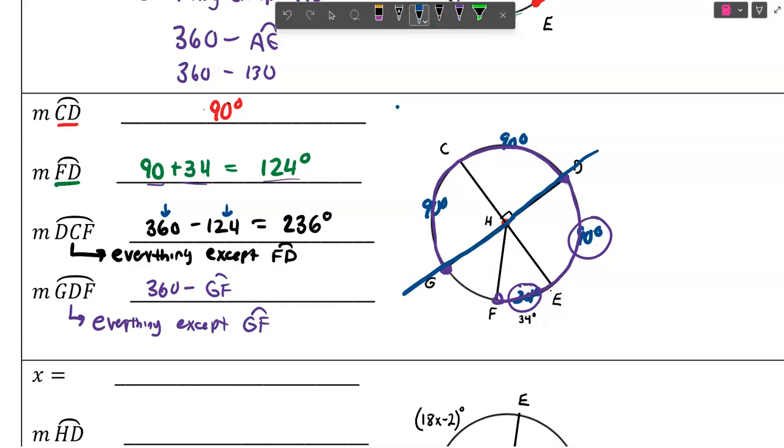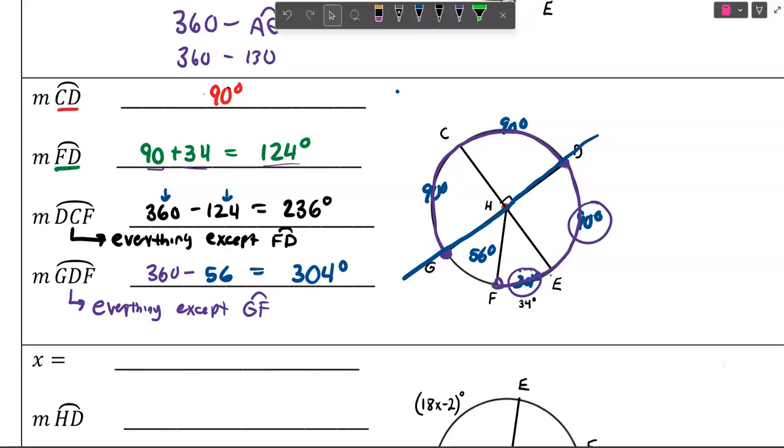So if I subtract 180, that's half a circle, minus 90, minus 34, it leaves this last section here to be 56. So since GF is equal to 56, the easiest way I would do this is 360 minus 56. And that means that the remaining arc measures of all the other pieces is going to be 304 degrees.